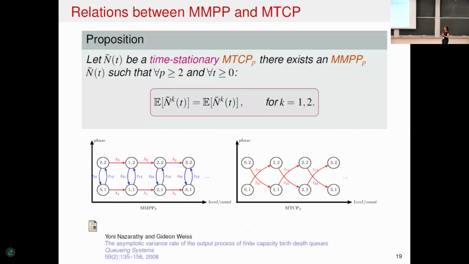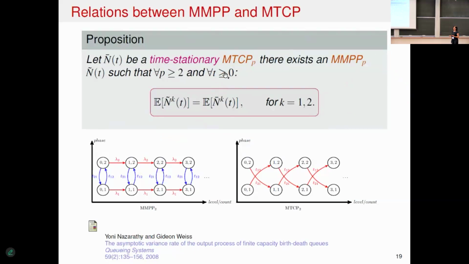Now, back when I started my PhD, it was based on a paper with Yoni and Gidenvis. The idea comes from this paper, and this is the revised version of that. For any time stationary Markovian transition counting process with order P, we can find an MMPP with the same order, where these two processes have the same first and second moments of the counting process.